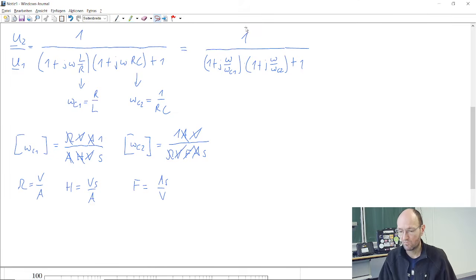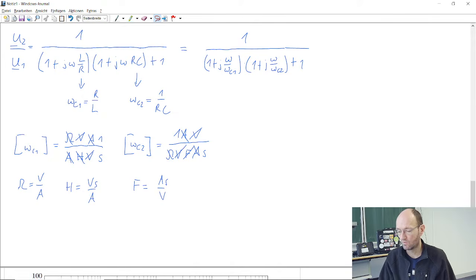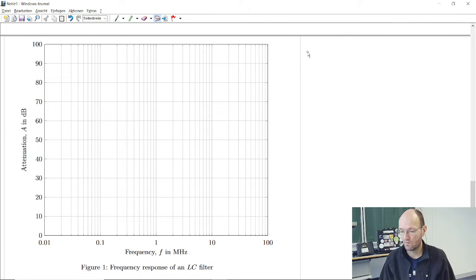If we take the reciprocal value of this, then we just get this term, right? Just the denominator.